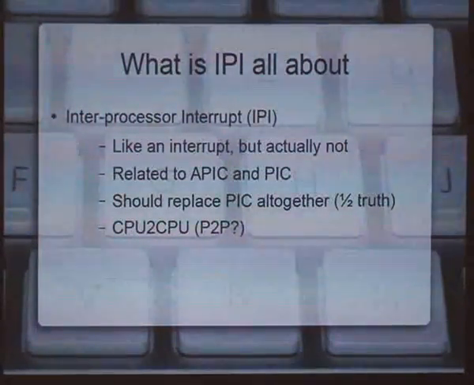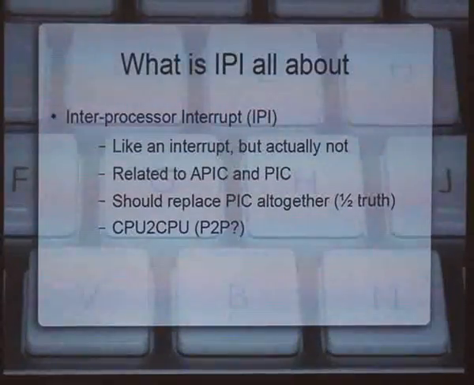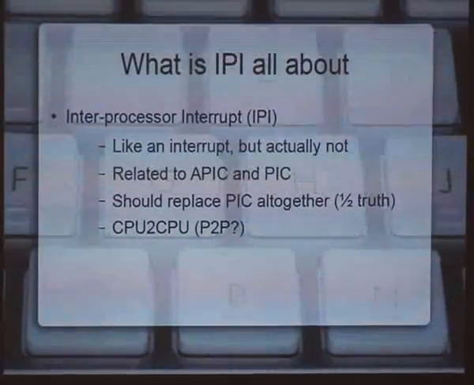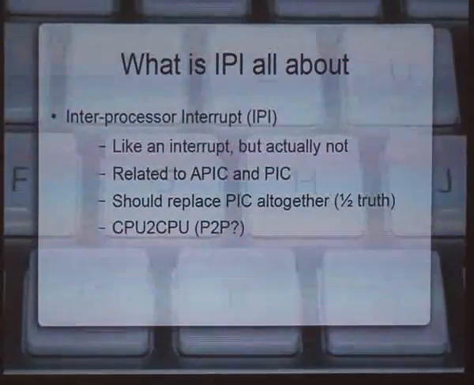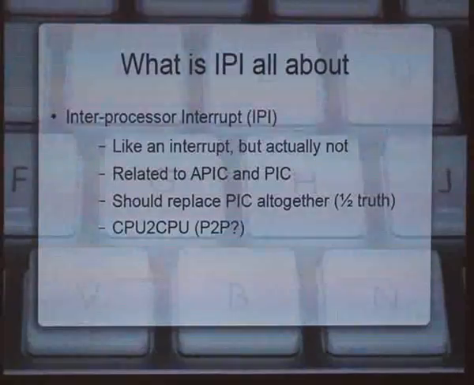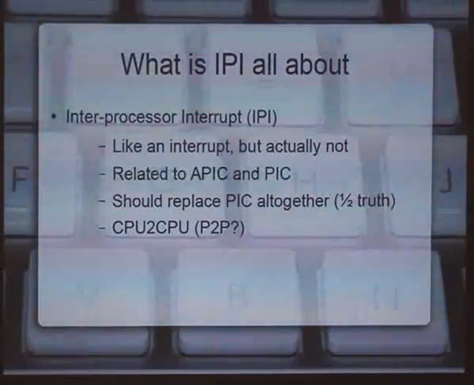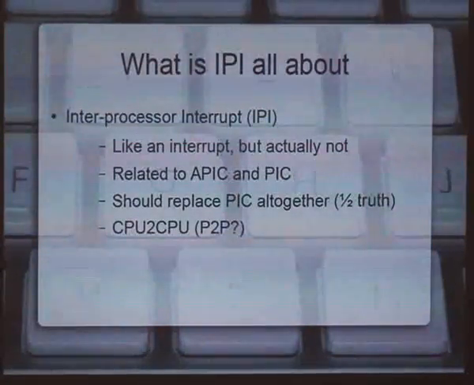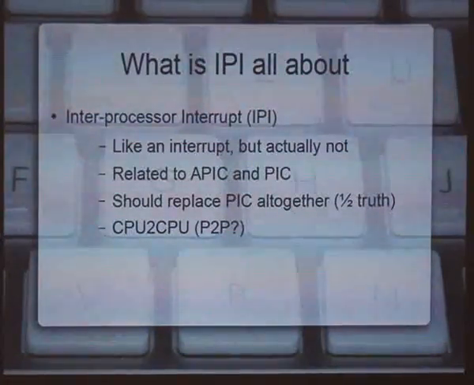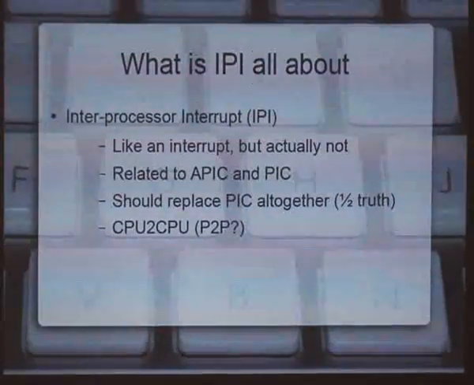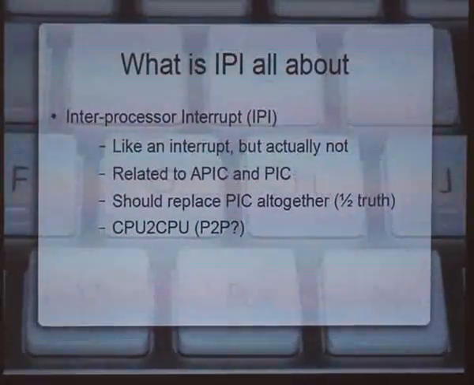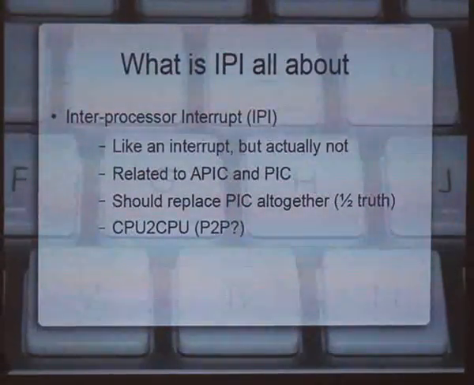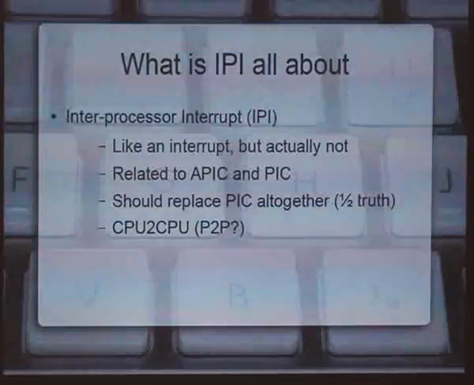It is sent through a bus to all CPUs, only yourself, the CPU that is executing the instruction, all the others, or you can specifically say which CPU you want it to be delivered to. It's related to both APIC and PIC because you need to program the interrupt controller just to use IPI. And the advanced programmable interrupt controller is the one that delivers the messages.